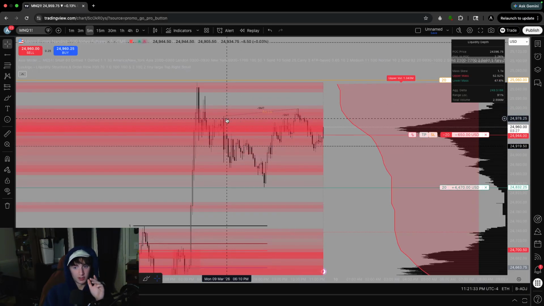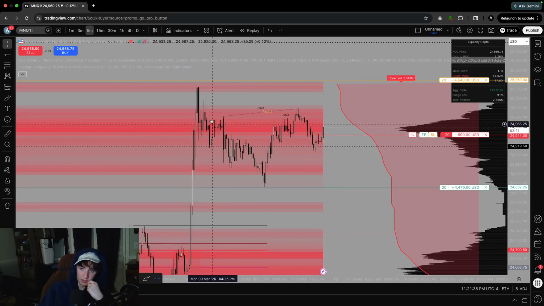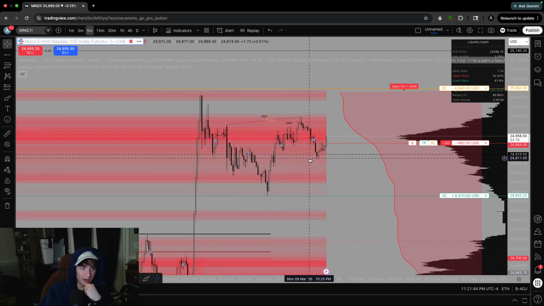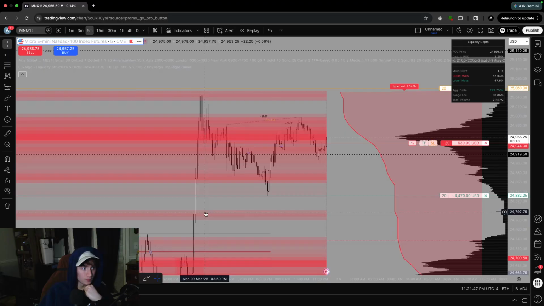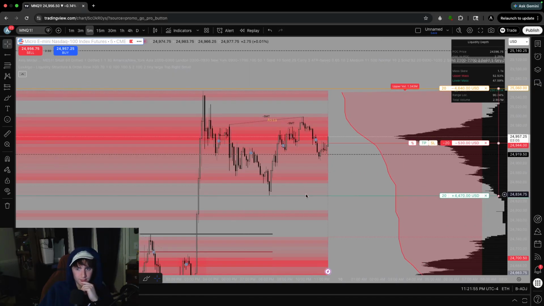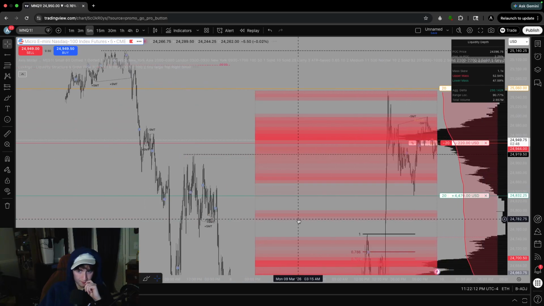We do want the first retrace though. I need to make that clear. Like this is looking sketchy, and I think that's because it's already been run through and then retapped. So all the liquidity is taken out. We want the first run through, first inversion, we could say. And we do need a close below. We want a pretty good close below and retrace into it. That is the key entry for that.